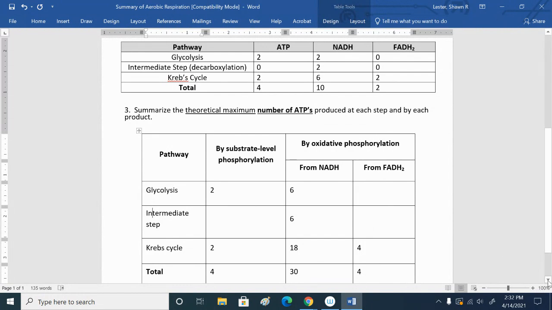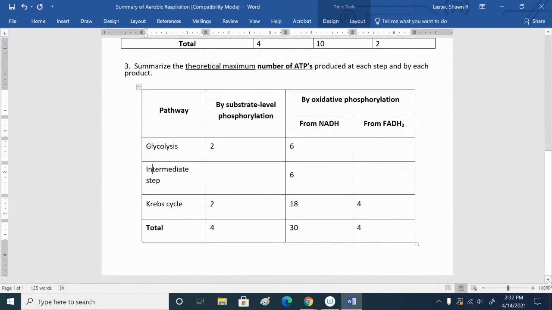So why is it, again, that you get more ATP from the electrons in NADH than you do from the electrons in FADH2? Because NADH is earlier on the electron transport chain.